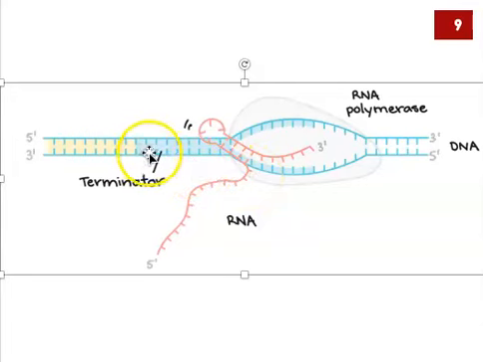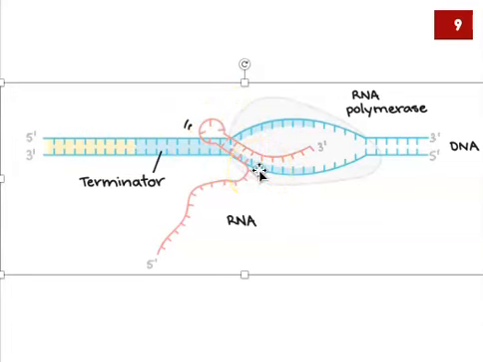The enzyme has traveled along into this blue termination signal in the DNA. It's still making RNA. It's still doing its job. It's building RNA off of the template strand. It's just that the way the bases are ordered will allow the RNA to loop around and bind to itself in this area.